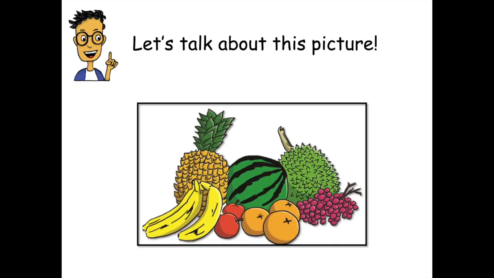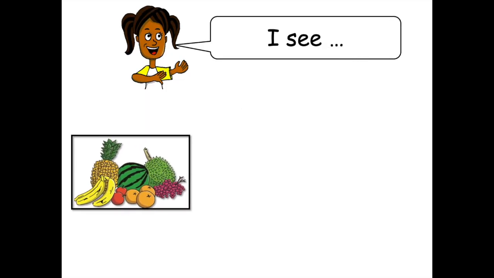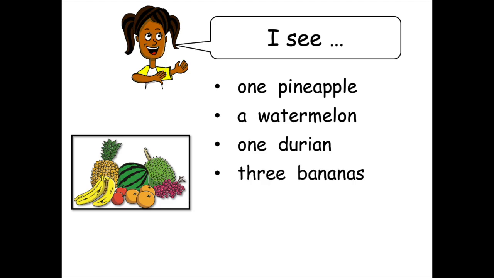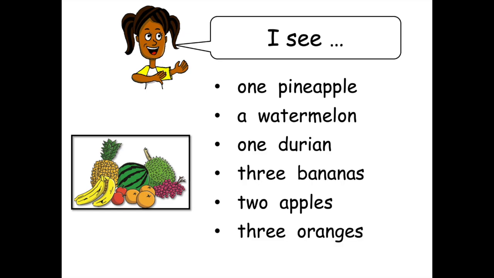Let's talk about this picture. I see 1 pineapple, a watermelon, 1 durian, 3 bananas, 2 apples, 3 oranges, and some grapes.